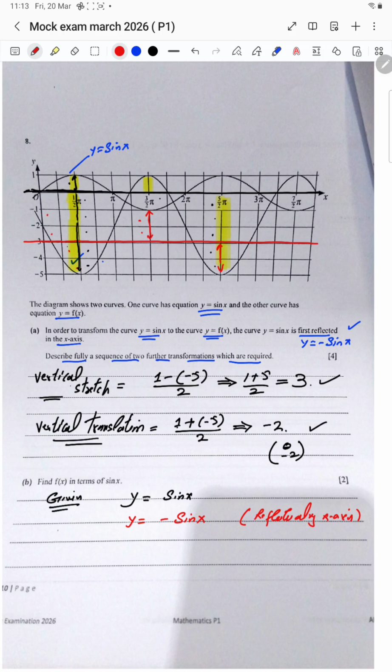So I multiply with minus. Now vertical stretch, you need to multiply by 3, so y equal to -3 sine of x, because the amplitude becomes 3, which I took from the first part.